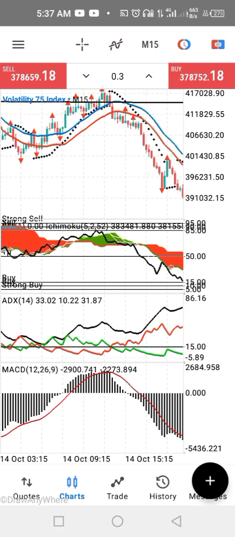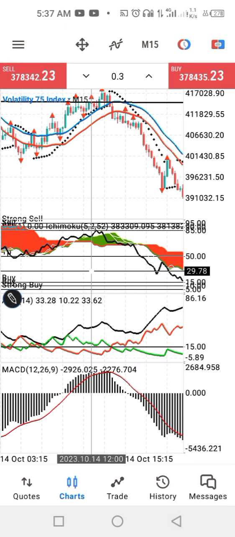And now take a look at this cross. The red crossed over the green line, and it is above the 15 level. Can you see that? And the green line went below the 15 level. So both the red line and the black line remain above the 15 level.